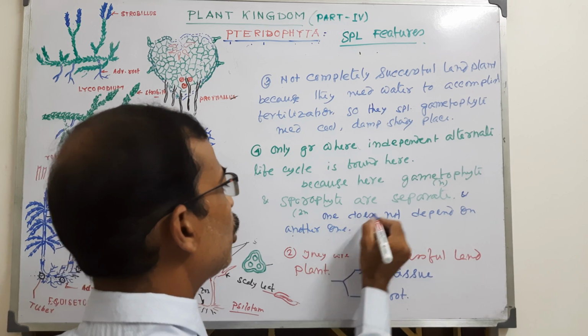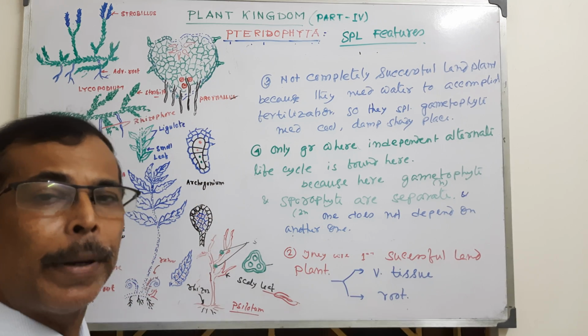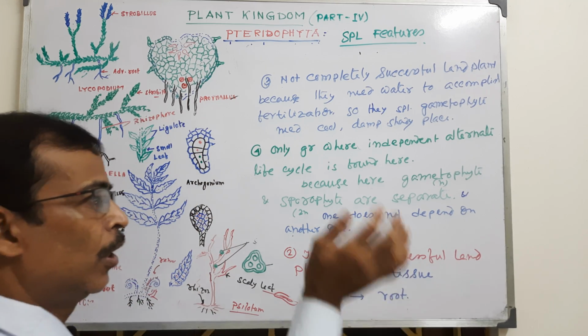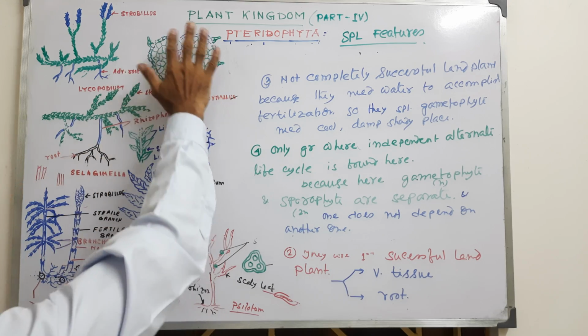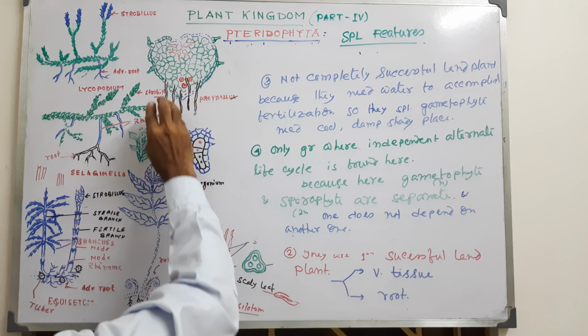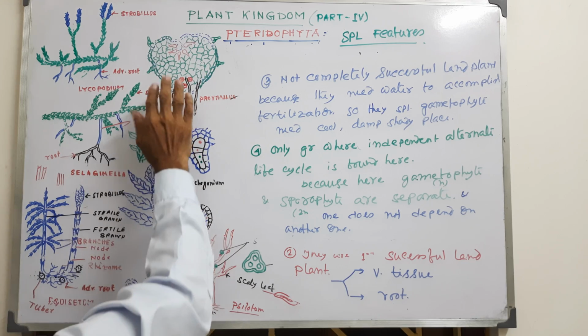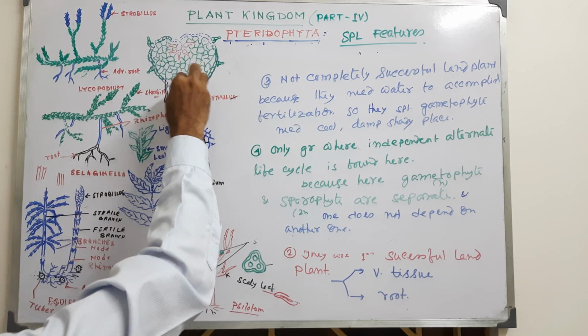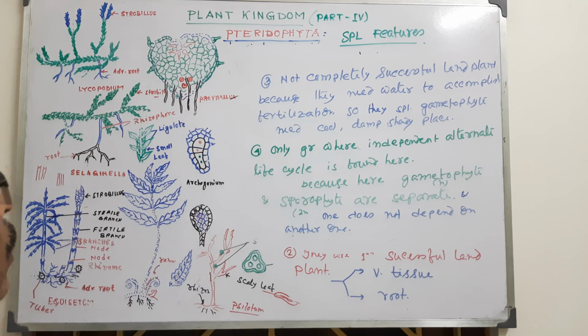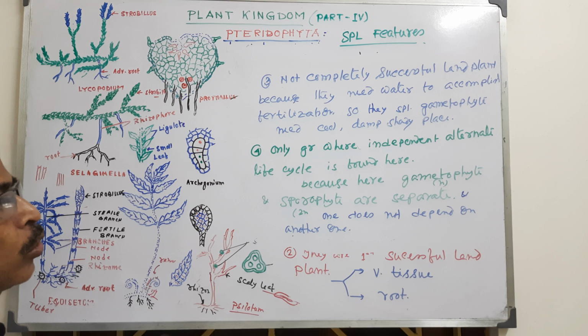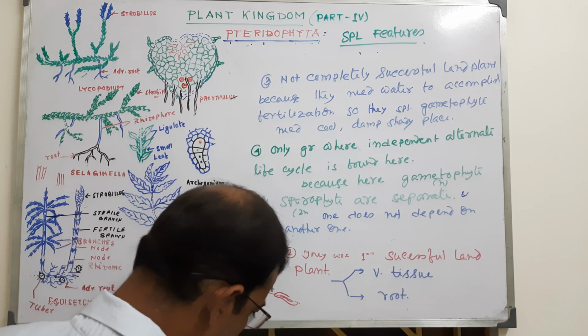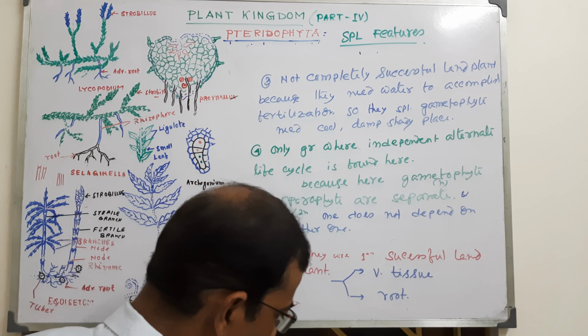That means each of them is independent and carries out photosynthesis. Look here, this is the diagram of prothallus, that is gametophyte of Pteridophyta. It is green, and this is why I have given green here. It is photosynthetic. So both of them are independent.